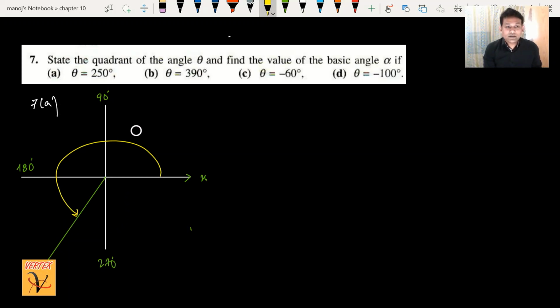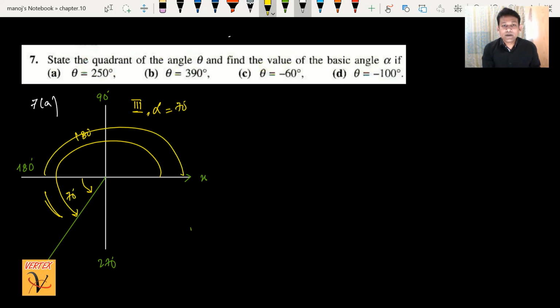We are in the third quadrant, and the value of alpha is always measured from the nearest x-axis. It cannot be negative, it is always positive. Considering 180 and 250 degrees, that will be about 70 degrees, because 180 degrees is till here. So alpha is 70 degrees.